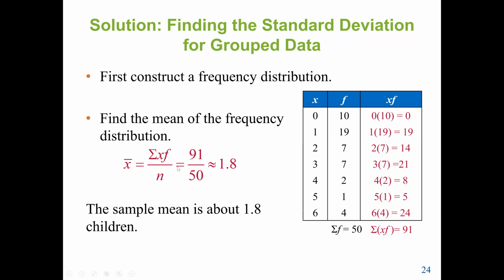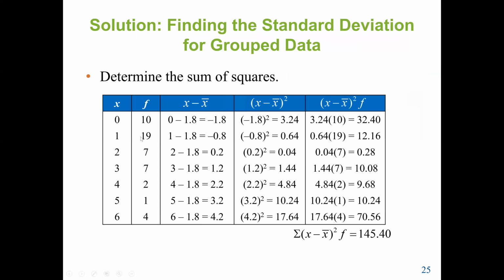Then we subtract the mean from each of the values. That will give us the deviation. Then we square the deviation, and that's what we are doing in the fourth column. After we square the deviation, that will be the deviation for each value. So if the value repeats 3 times, then we multiply by 3.